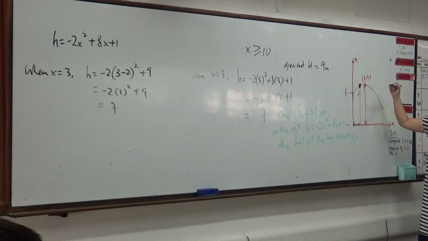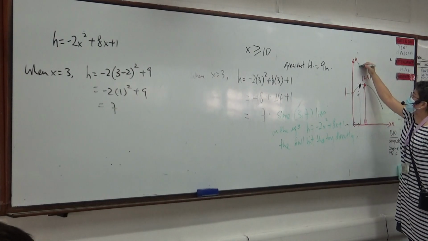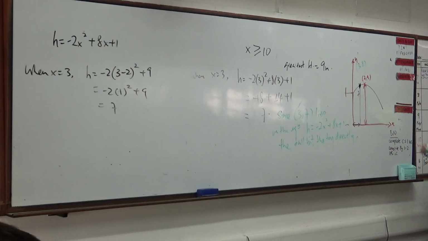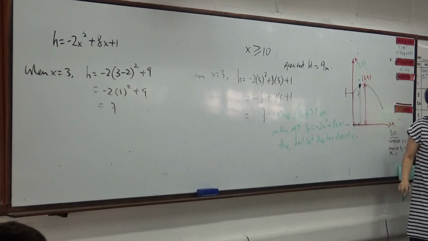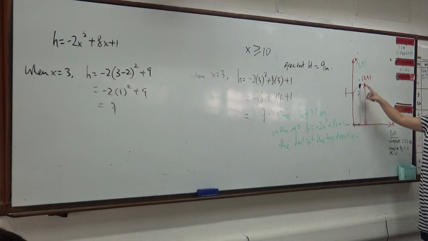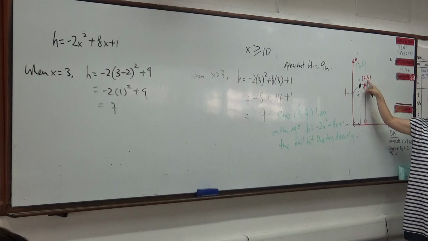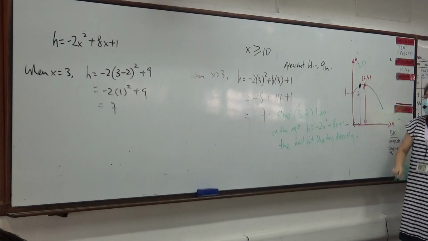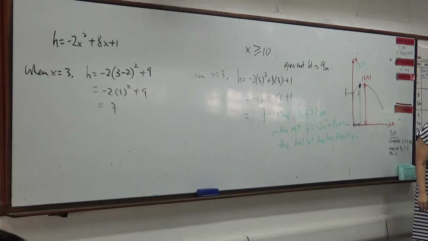Now, what if you put 3 in and it's 8, then how? That means the toy is higher, so we will not hit. But I'm wrong here, 8 cannot be here because the maximum is 9. 8 should be somewhere here. Everybody clear?